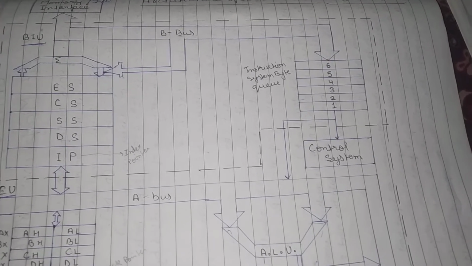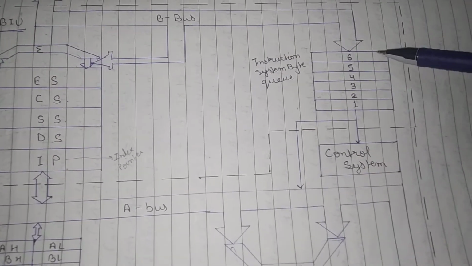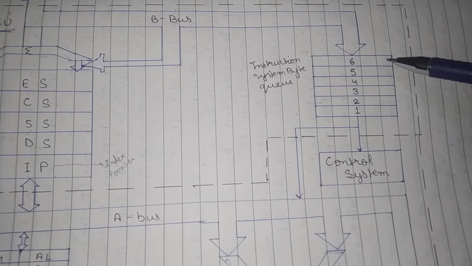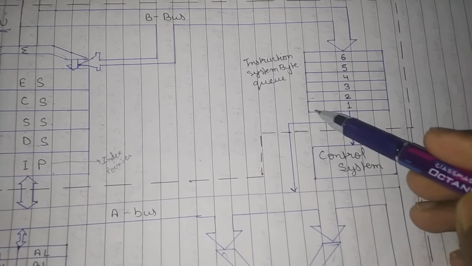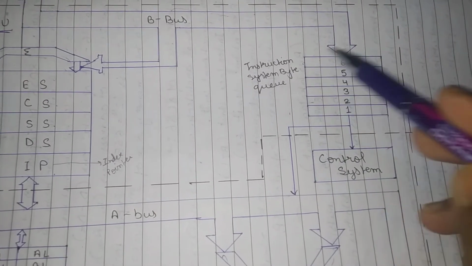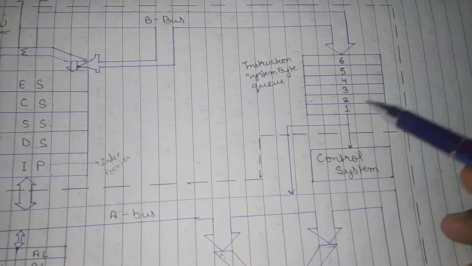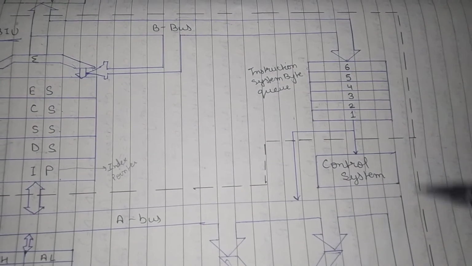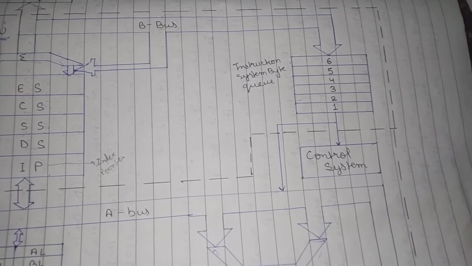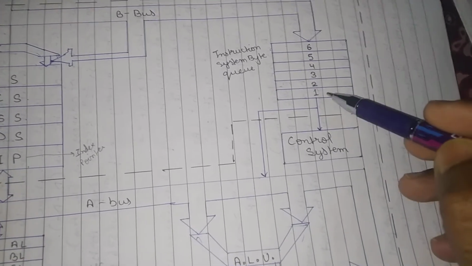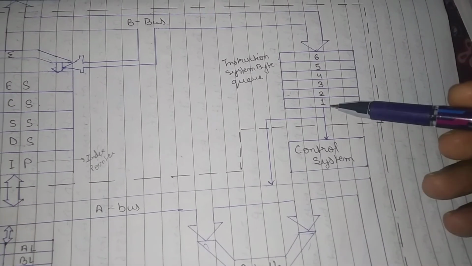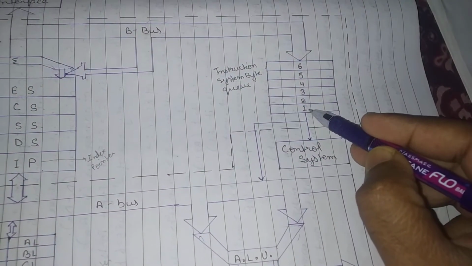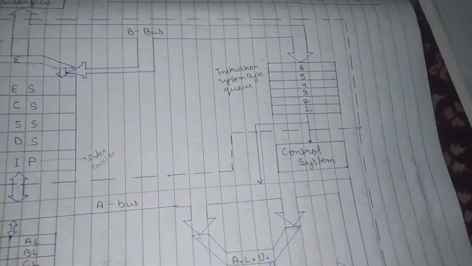How is it possible? There are six register locations which are commonly called the instruction queue. Here we can store the opcodes of six instructions which are to be executed in the execution unit. This is the order of fetching: this instruction is fetched first, then this, then this, then this.